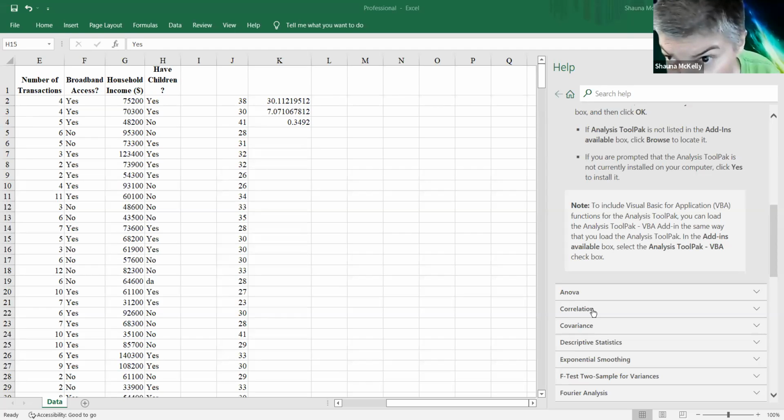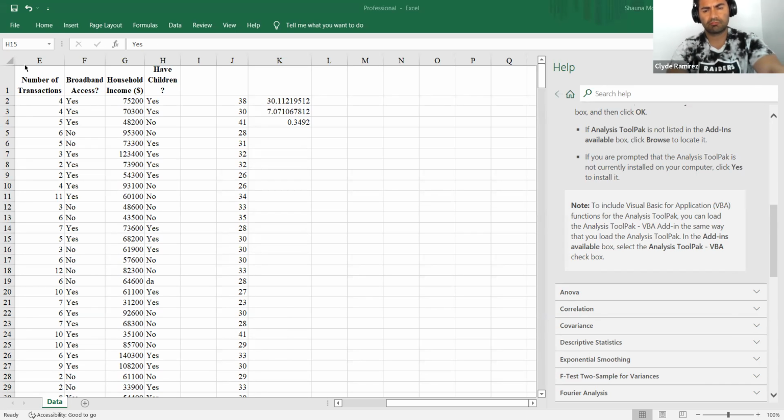Okay, now I have it. So what I did, if you don't have this on your Excel, it's an add-in that's on there. So what I did was I got myself the data analysis tool pack. So now we have to do transactions.